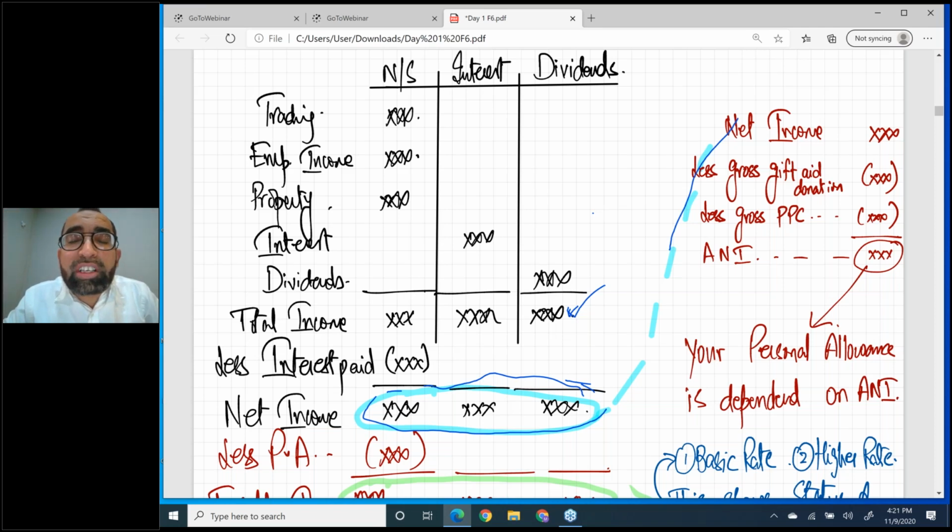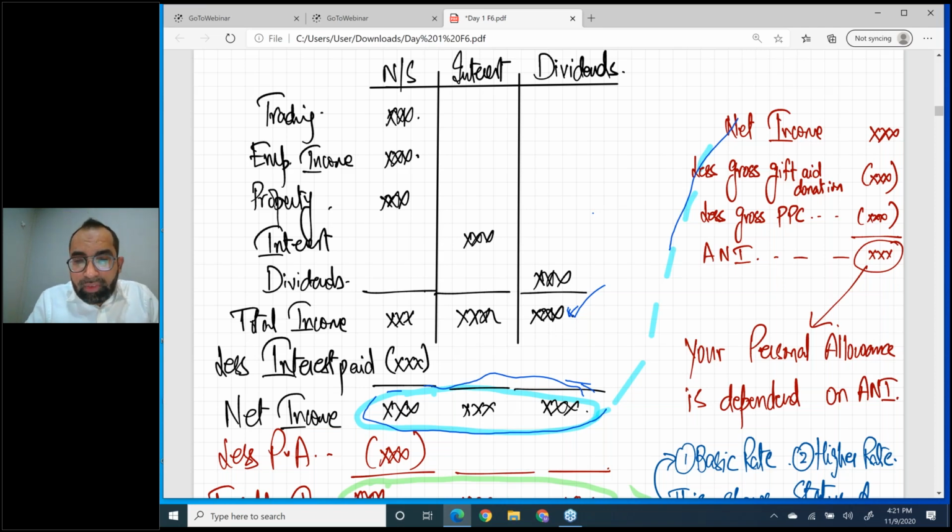And number two is gross personal pension contribution, in short, gross PPC. When you deduct these two, you get ANI, adjusted net income. Now the question is, sir, what is the purpose of this ANI? This ANI, or adjusted net income, is used to calculate personal allowance.